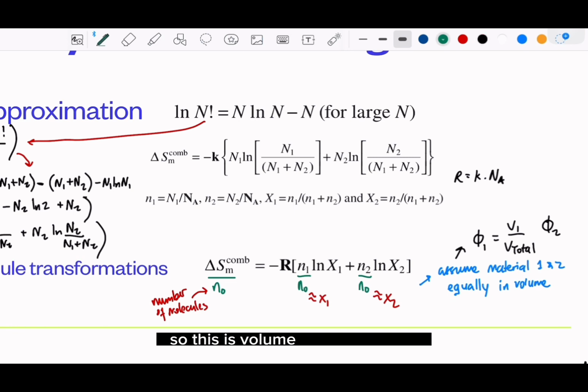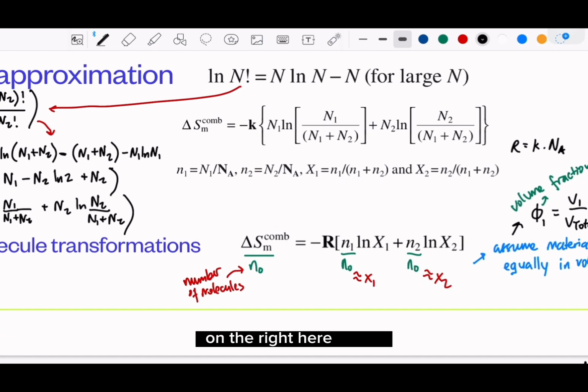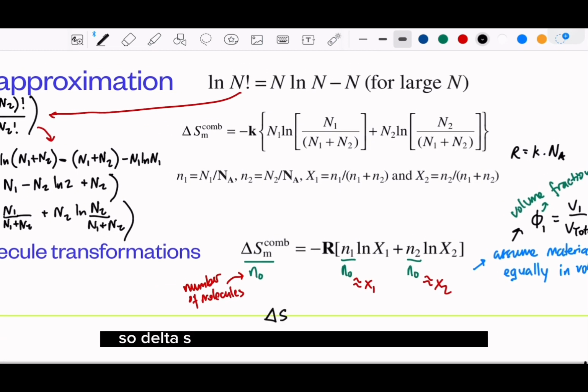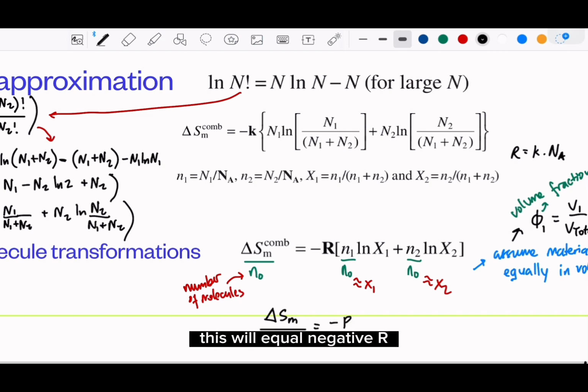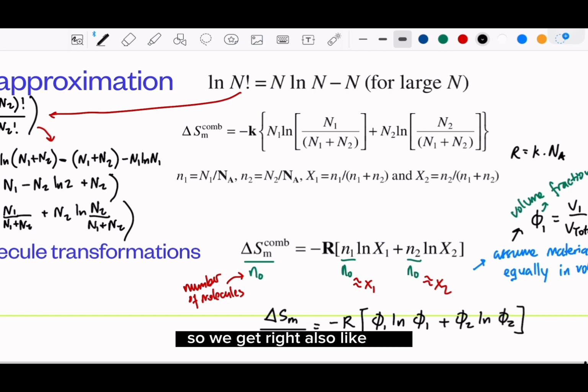So this is the volume fraction, and we could rewrite the formula. I'm going to write here below. So delta S divided by the number of molecules will equal negative R, so we can write it also like that.